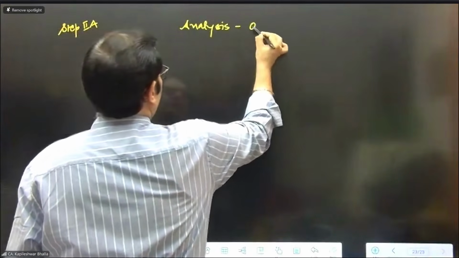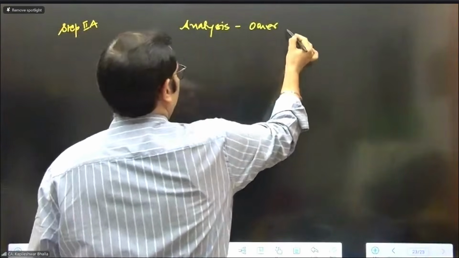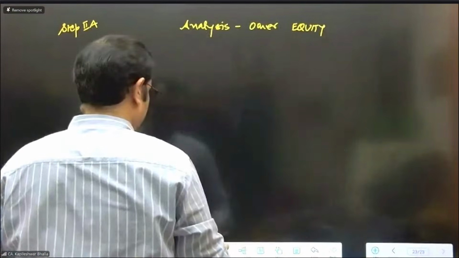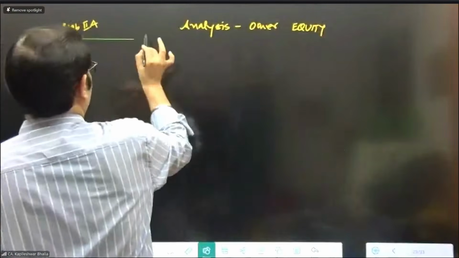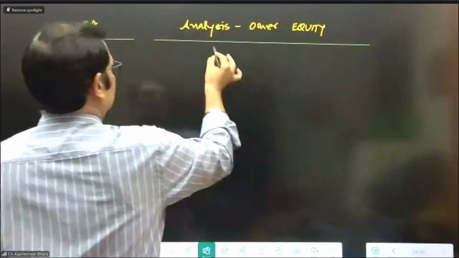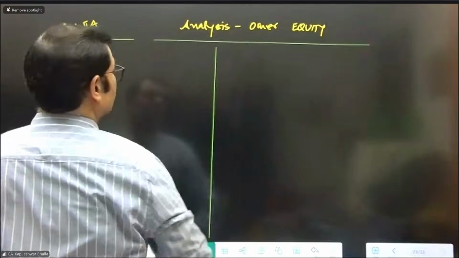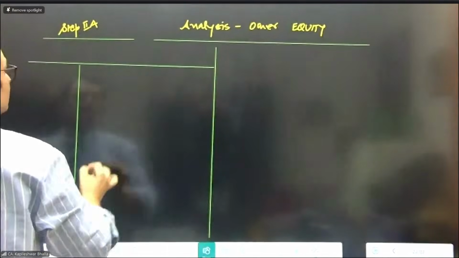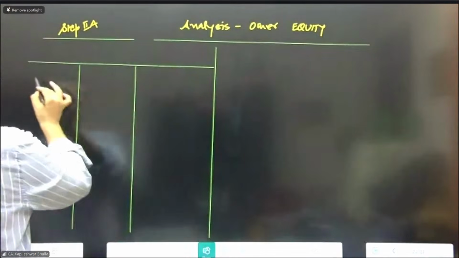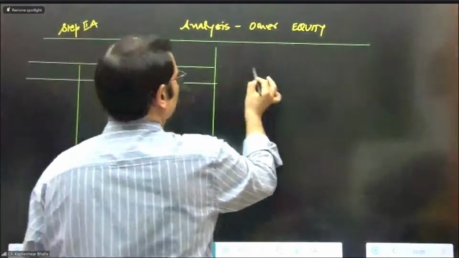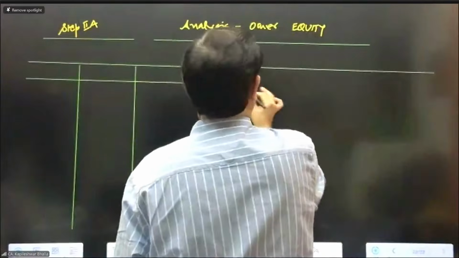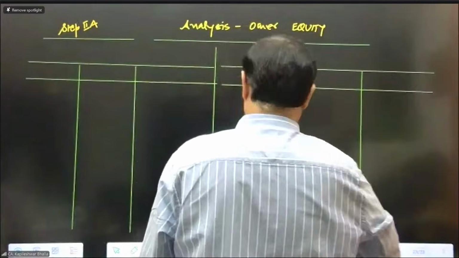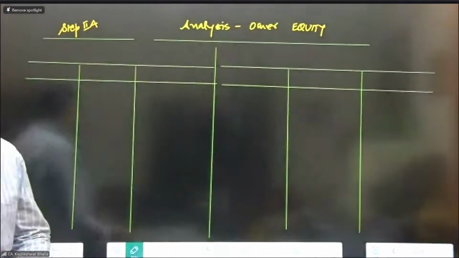So we look at the step number 2A, analysis of other equity of both the middle company as well as the bottom company. So let's do them simultaneously. We'll take care of the analysis of the middle and the bottom companies both. So column for particulars, pre and post acquisition in nature.